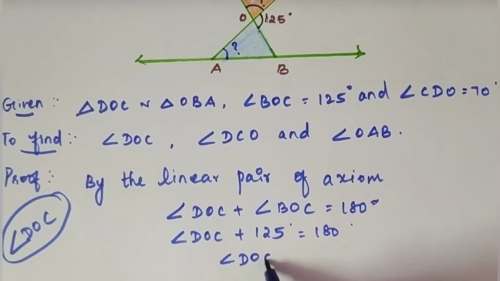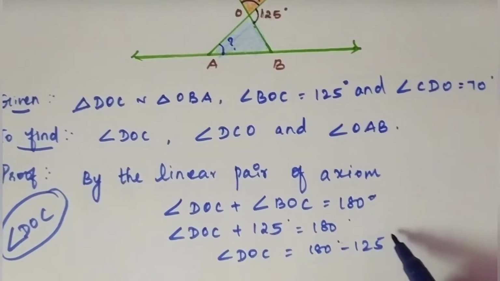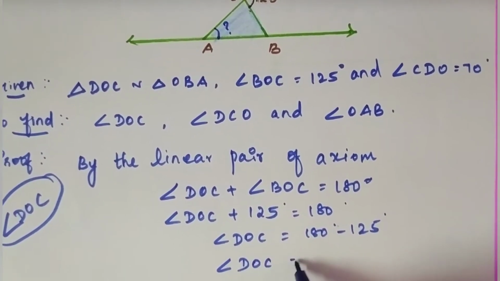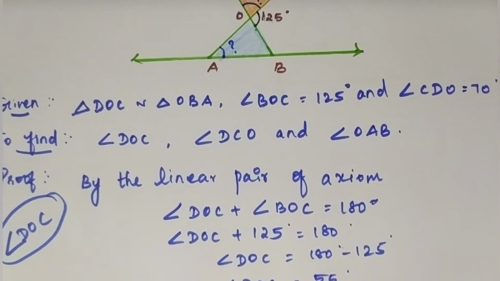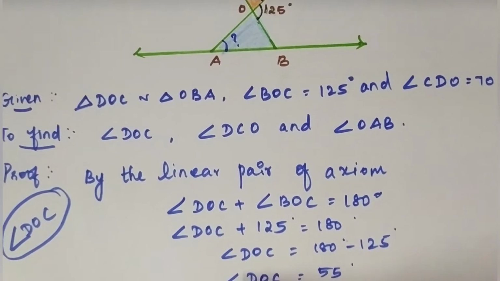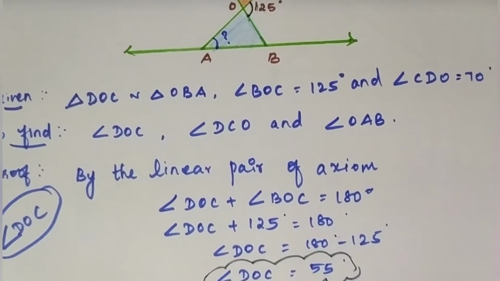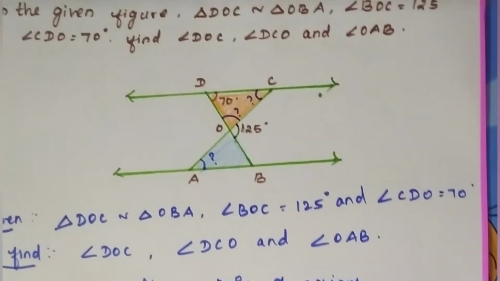So angle DOC is equal to 180 degree minus 125 degree. Angle DOC is equal to 55 degree. This is angle DOC, see the figure.